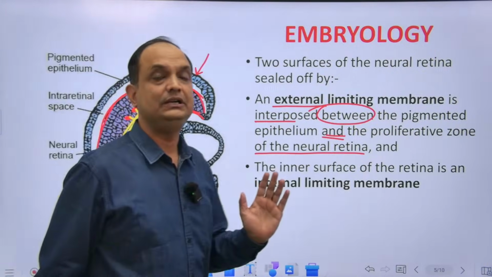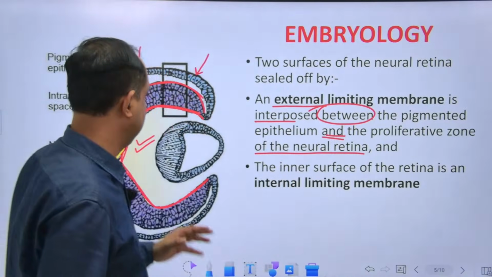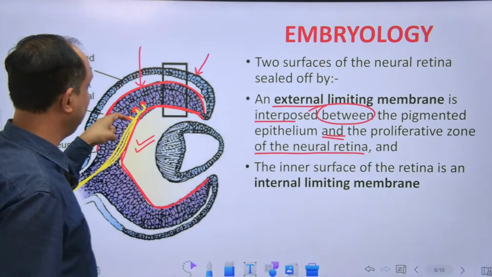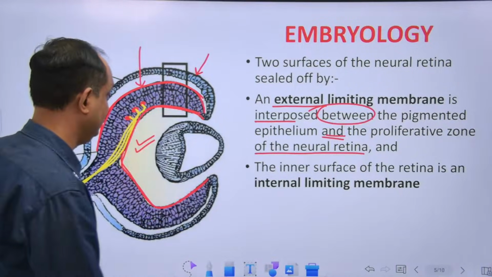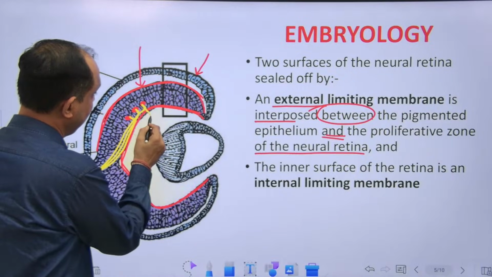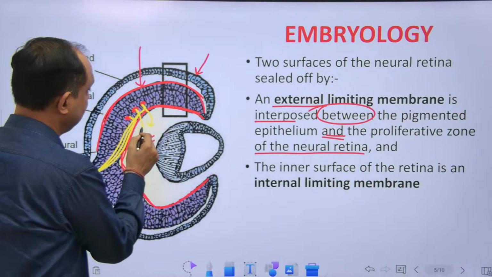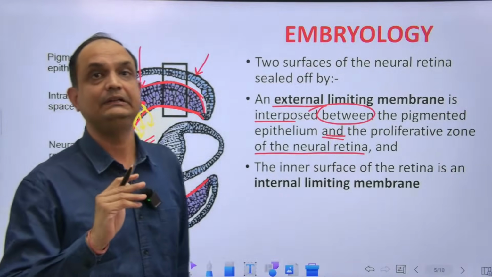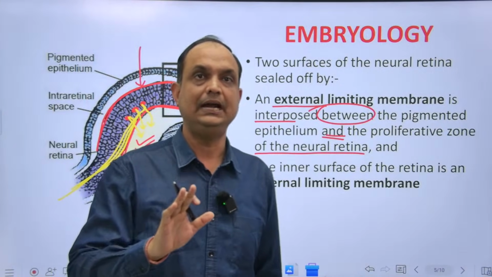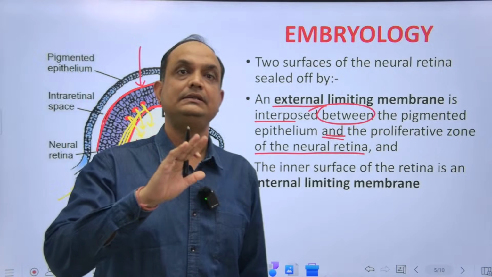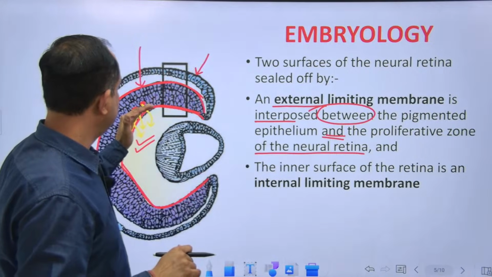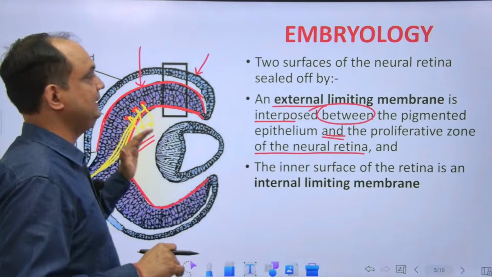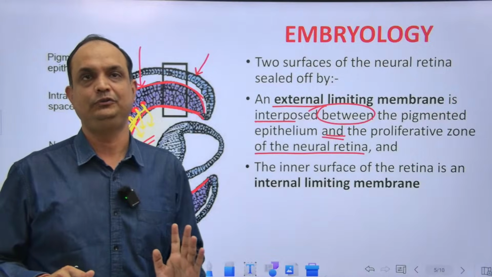Some students have this confusion that the fibers of the ganglionic cells which are going to form the optic nerve puncture this limiting membrane and enter into the vitreous humor. It is not like that. What will happen? The limiting membrane is the area which separates whatever is present in the retina from the vitreous humor.